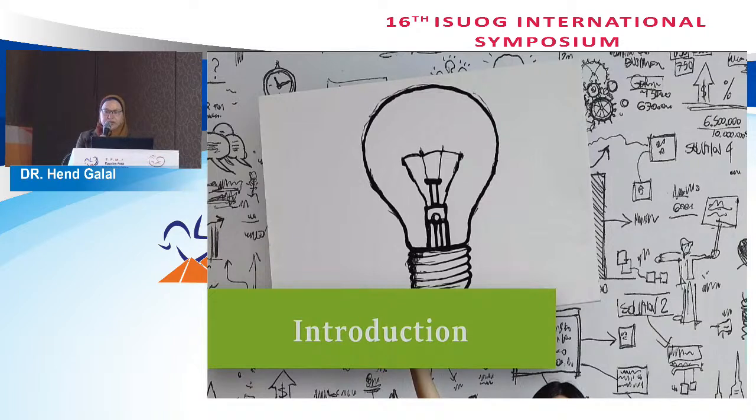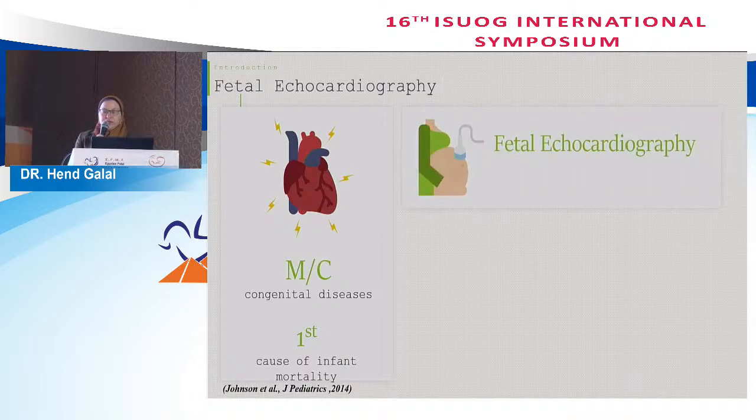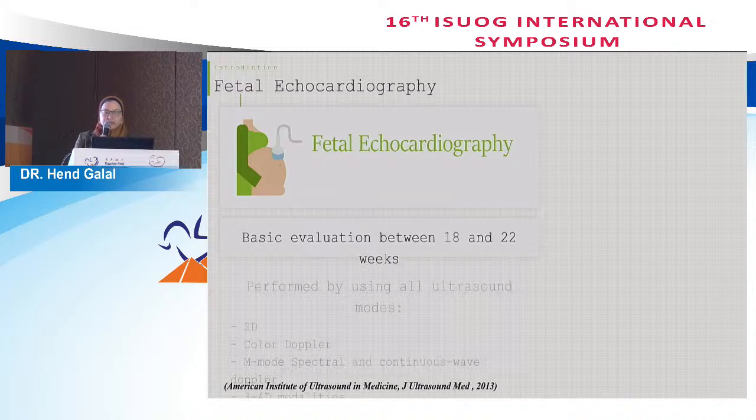To introduce my topic, you have to know first that fetal cardiovascular malformation is the main cause of congenital disease and the first cause of infant mortality. 22 weeks and performed using all types of ultrasound mode, either 2D, Doppler, 3D, and M mode.